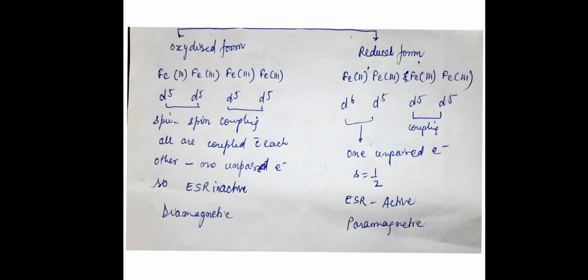Again in the reduced form, Fe2+, Fe3+, Fe3+, Fe3+ with d6, d5, d5, d5. Here in the oxidized form, all are spin coupled with each other, no unpaired electron, ESR inactive and diamagnetic. In the reduced form we see 1 unpaired electron, spin is half, ESR active and paramagnetic. These are the 2 forms, oxidized and reduced, of Fe4S4. This is all about ferredoxin and rubredoxin.